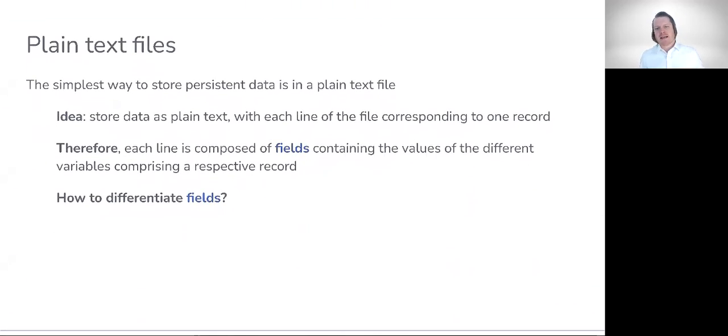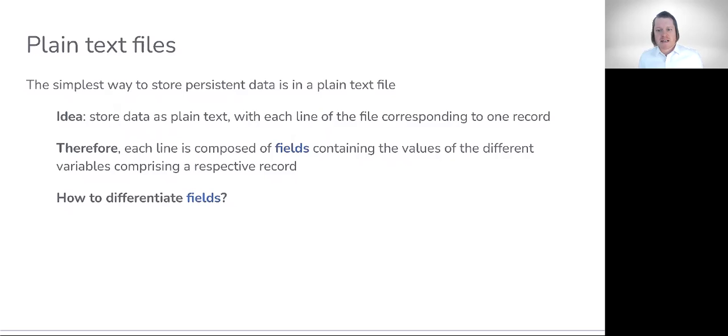It's one of the simplest ways that we have to store persistent data. In fact, in this class, we've already worked with structured plain text files in the CSV format. The idea of this format is simply to store data as plain text with each line of the file corresponding to one record. So in the case of our movie example, we might have 5 movies.